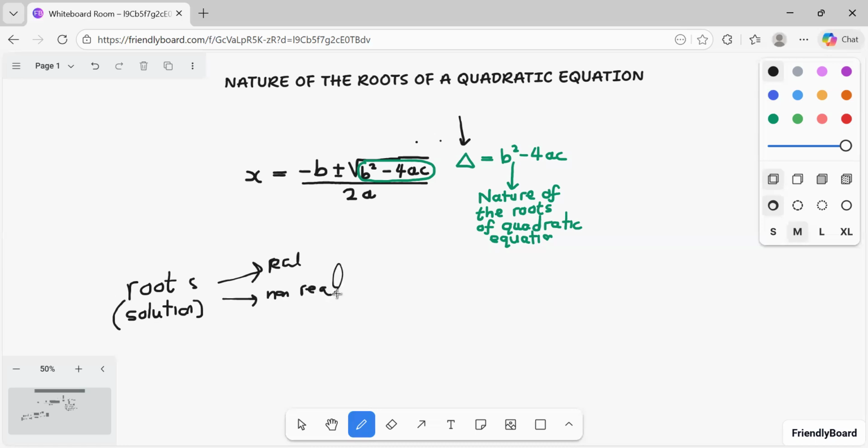And the solutions can either be equal or unequal.